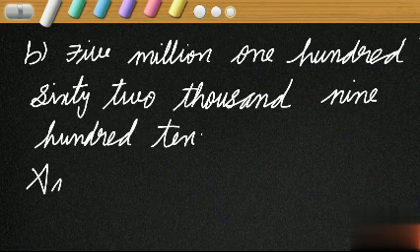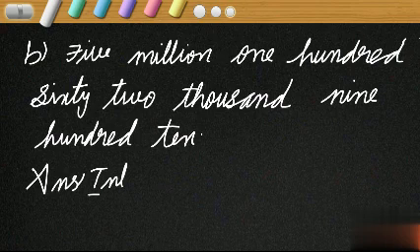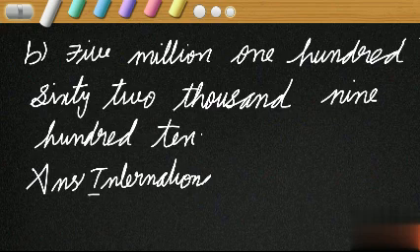So they have given the question and it has to be converted to the Indian system. For that, what is the first step? First we have to write the numeral as per the international system, isn't it? What is the numeral as per the international system?